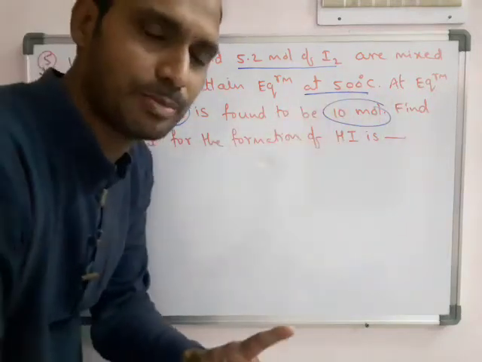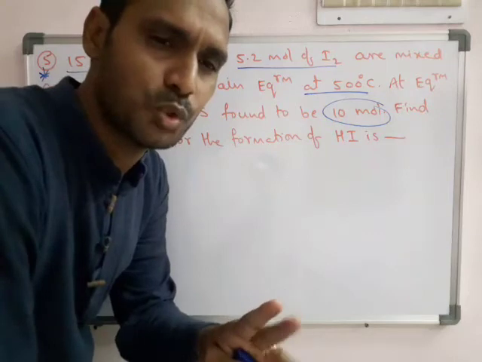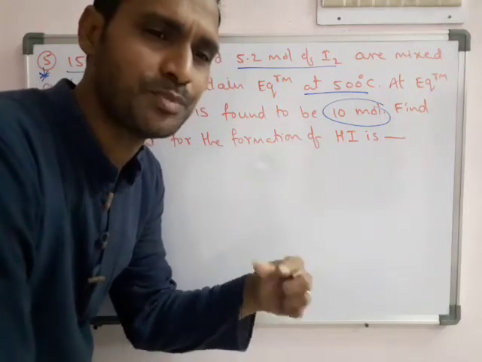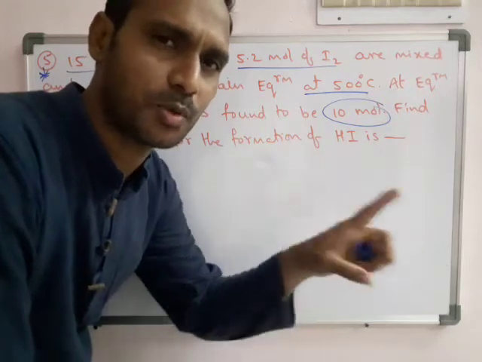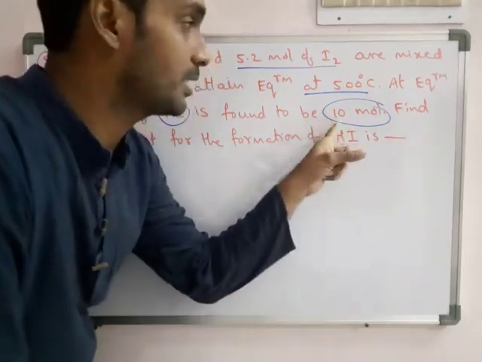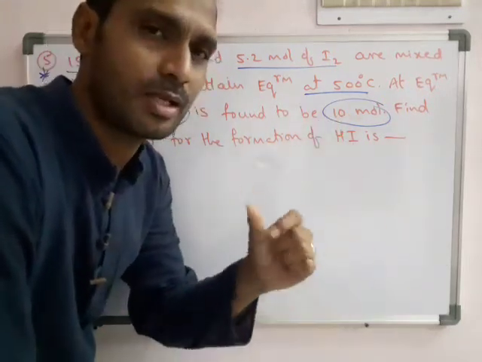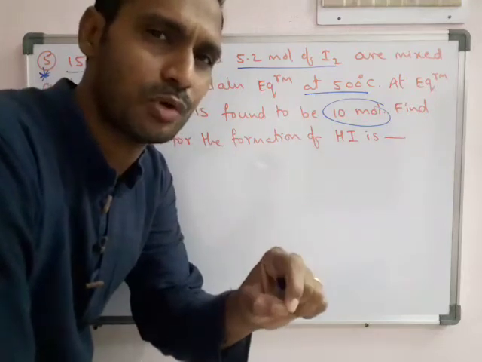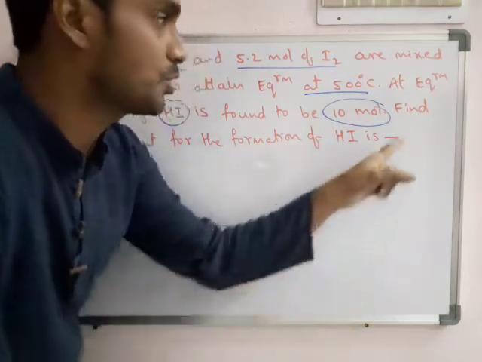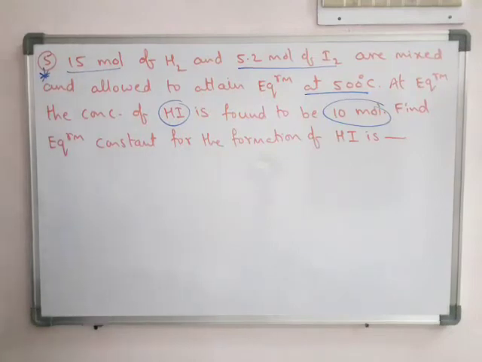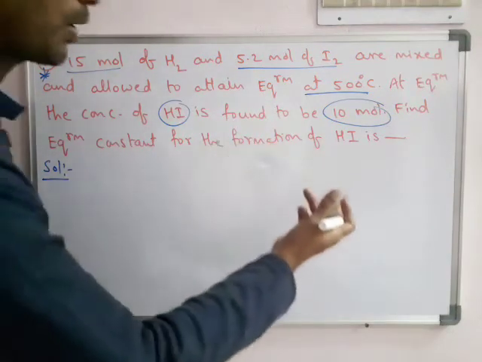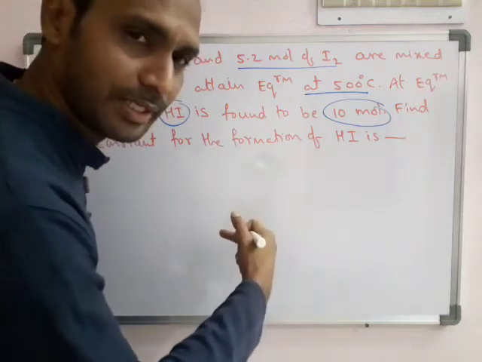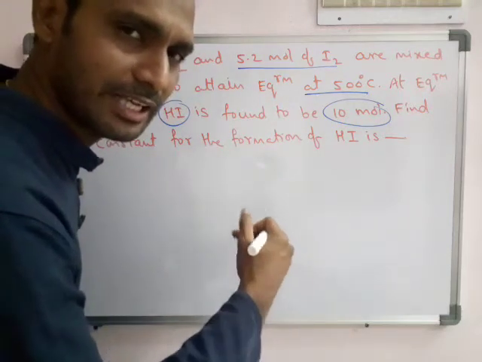So at equilibrium no number, percentage or relation clue is given, directly the details about the product are given. So with the help of the product, we have to find the concentrations of reactants at equilibrium.